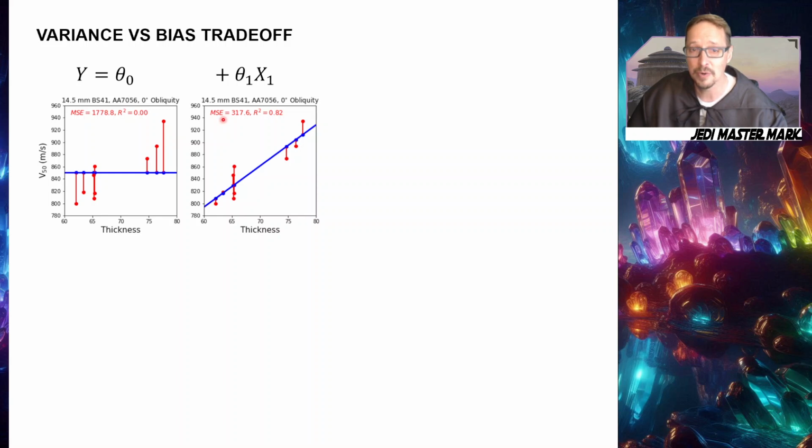You can see the mean squared error is probably a factor of 5 or 6 lower. Even the R squared, which is simply a measure of your prediction output versus the actual output, how well it correlates with that, went up quite a bit as well.